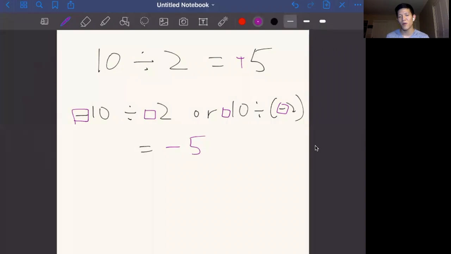So negative 10 divided by 2 is equal to negative 5, or 10 divided by negative 2 is equal to negative 5. Okay. What about negative 10 divided by negative 2? Well, the answer will be positive because negative, negative, we have the same sign. So positive 10 divided by 2 is 5.